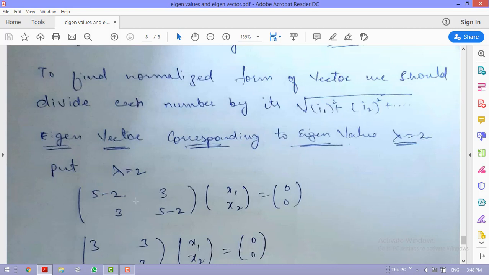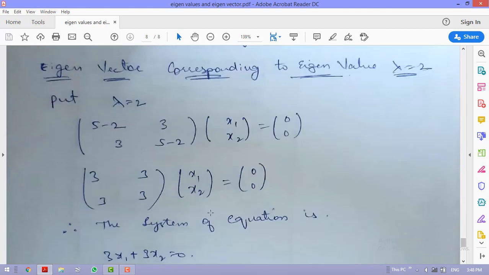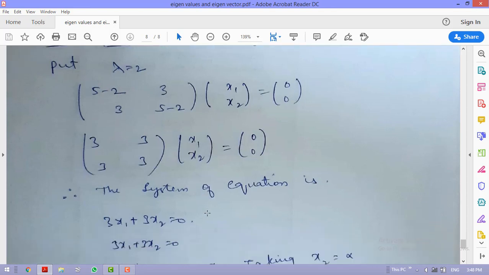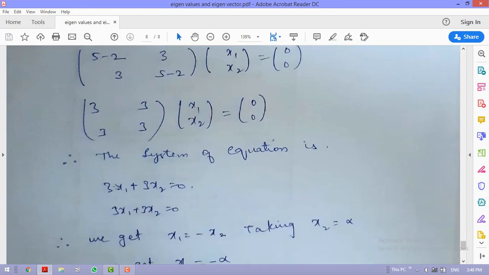So 5 minus 2, 3, 3, 5 minus 2, times x1, x2 is equal to 0, 0. That gives 3, 3, 3, 3, times x1, x2 equal to 0, 0. The system of equations is 3x1 plus 3x2 equal to 0, and similarly with the next row.